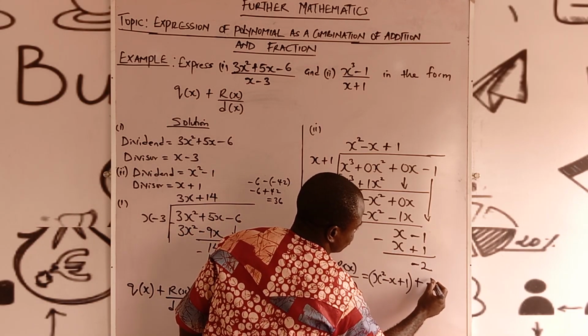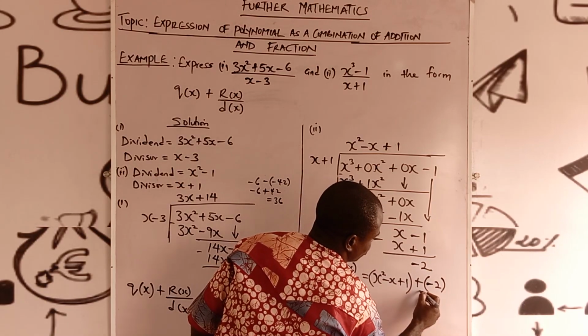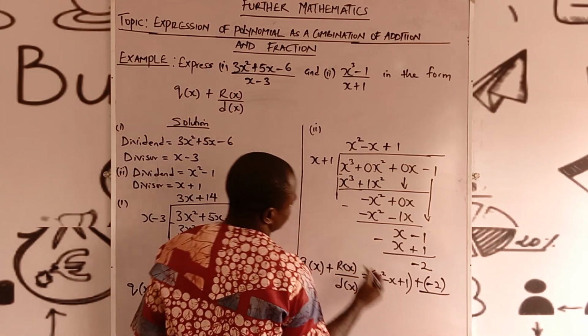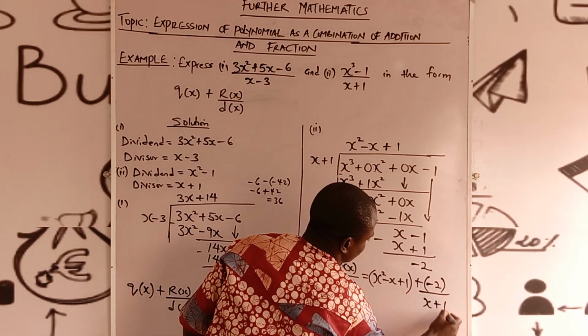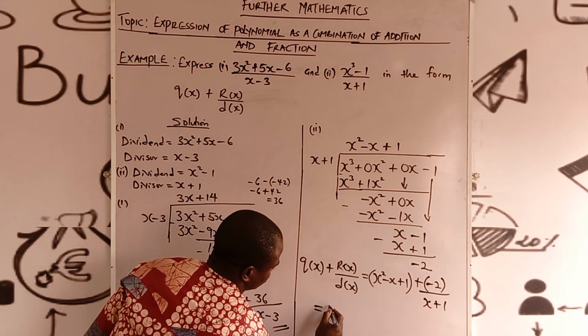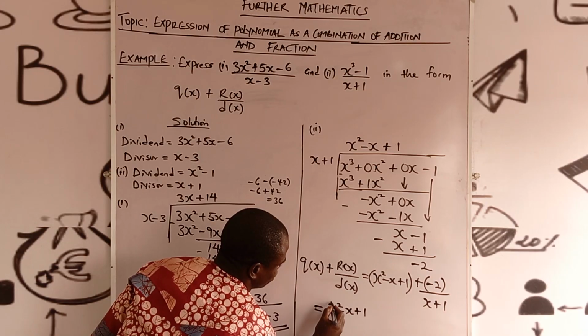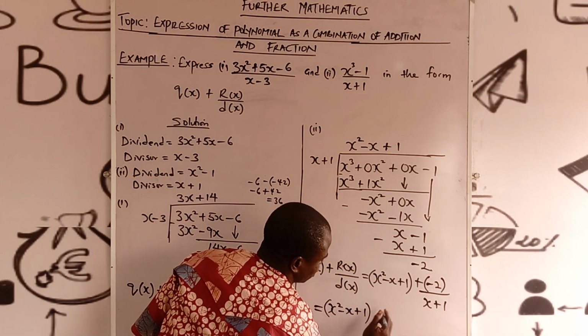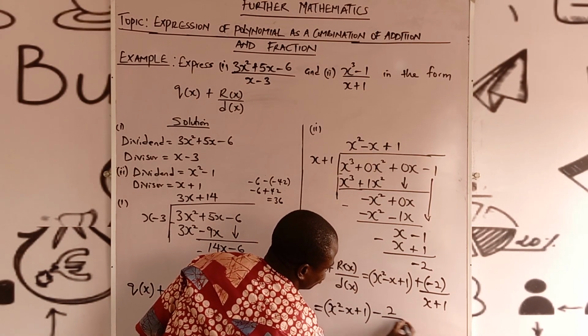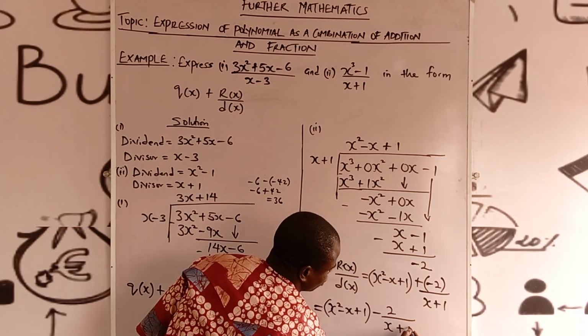The remainder, minus 2, over the divisor x plus 1, which is equal to x squared minus x plus 1 minus 2 over x plus 1.